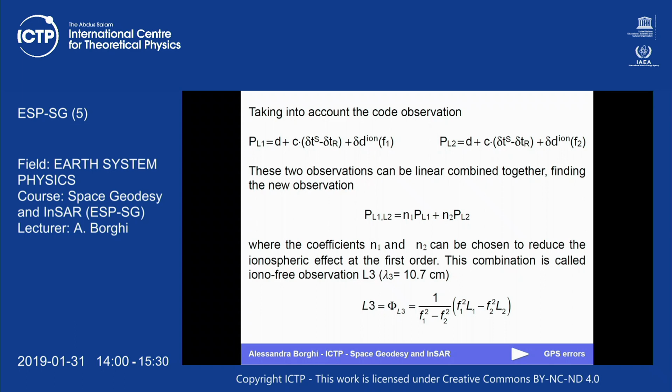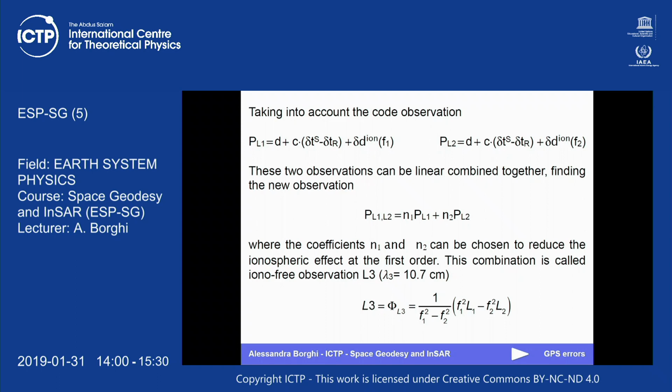Of course, we have put the theoretical distance between satellite and receiver, the clock errors that are important, and the ionosphere. At the moment, we forget other errors, for instance the orbit error. We focus just on the ionosphere.